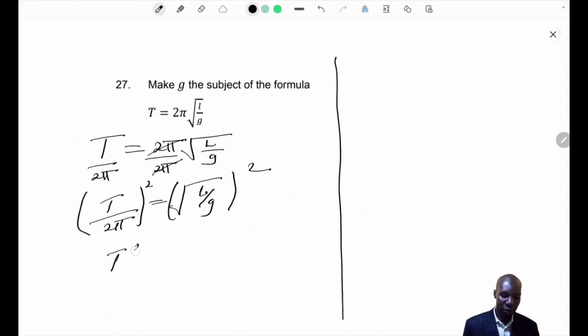So we'll have T squared over 4 pi squared should be equal to L over G.